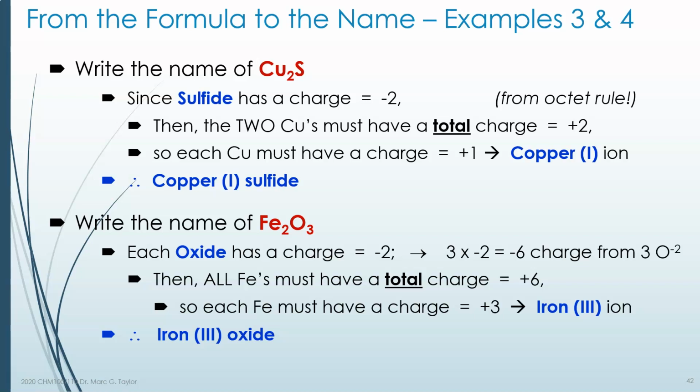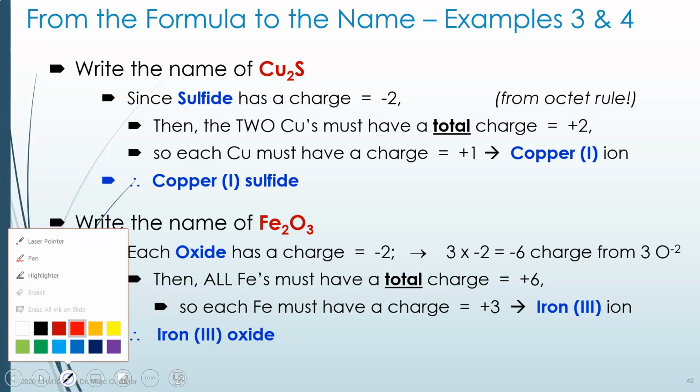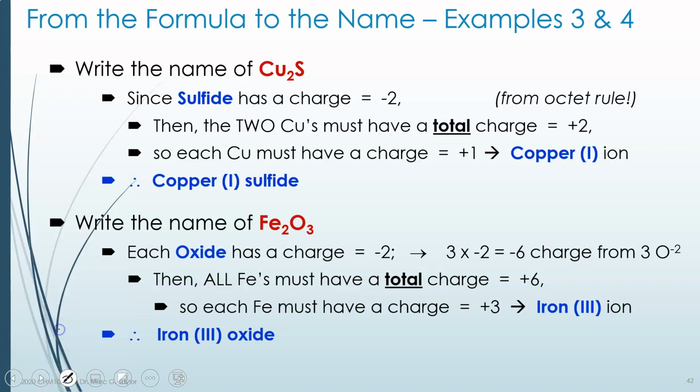Now, I'm going to show you a quick little math on this. I'm going to redraw this and show you mathematically what we've actually been doing all along. If we have a compound like Fe2O3, what I recommend is you put a little notation to yourself that each of these oxygens is a -2. And we don't know the charge of the iron initially.